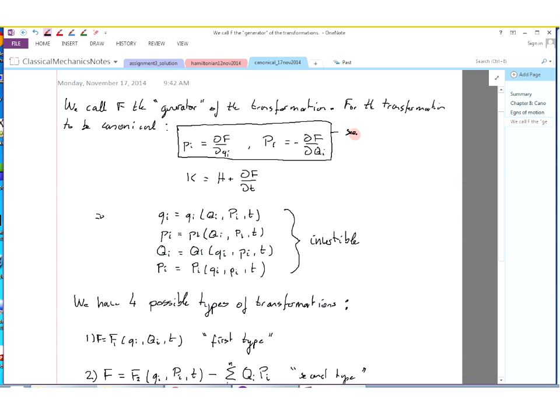So see table 8.1 in the notes for transformations of the second, third, and fourth type. Okay? So for example, in the second type, you need an equation that gives you the little pi and the capital Qi. And so there are different signs here.